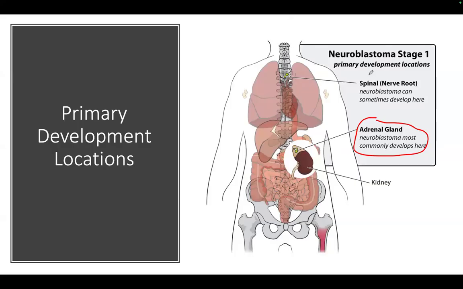It can also be found in the spine, particularly the nerve roots. So for neuroblastoma, the primary development locations: number 1 is the adrenal gland, number 2 is the spinal or nerve root. Please take note of this.